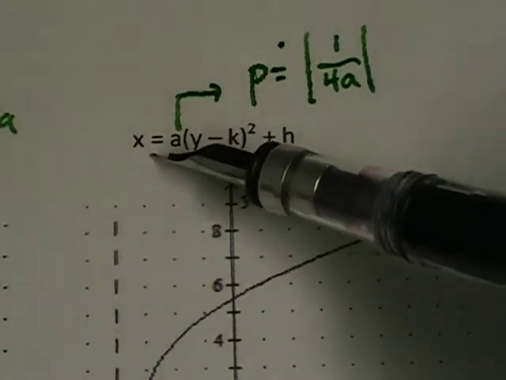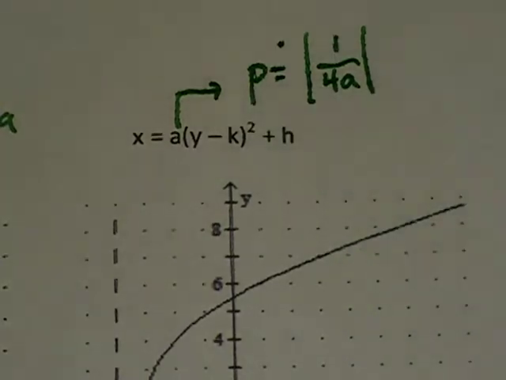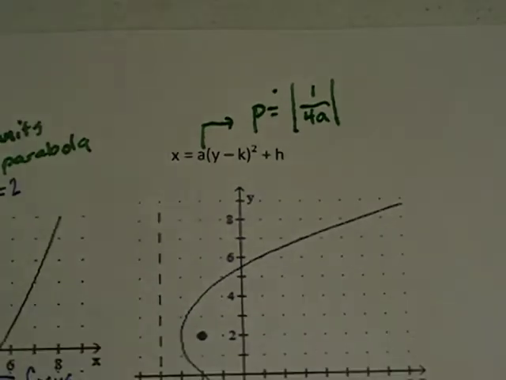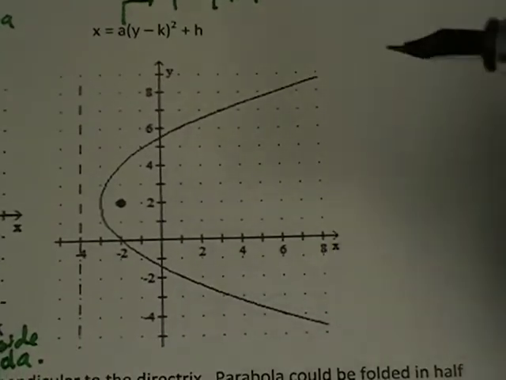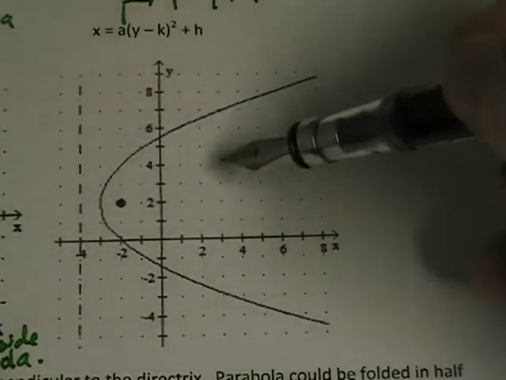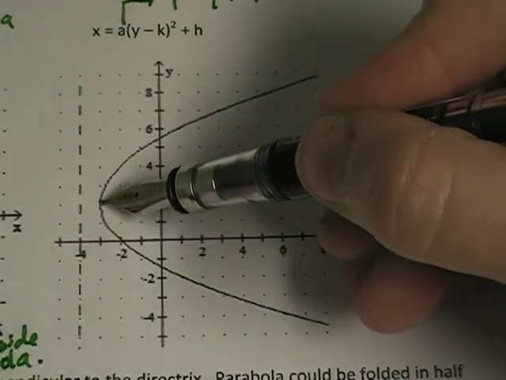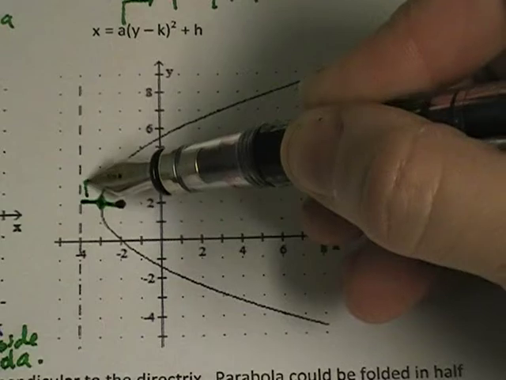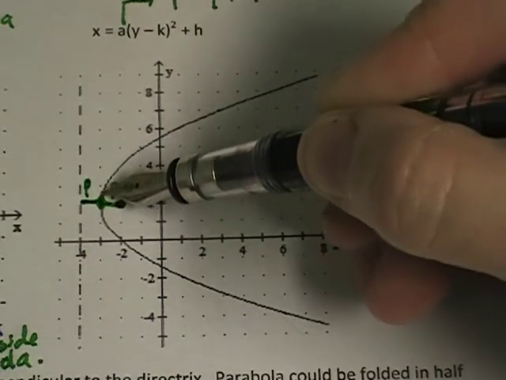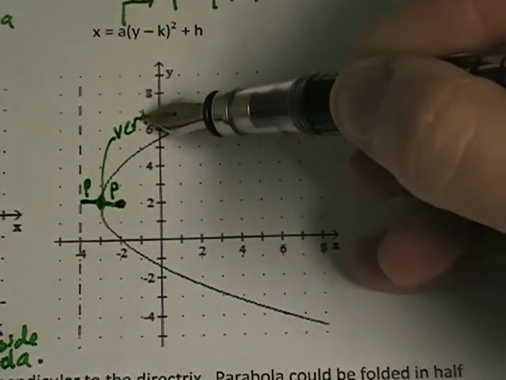And when we have x equals y squared, we get a picture like this, a horizontal parabola. In a horizontal parabola, P will be a horizontal distance. So here's your vertex, there's P, there's P, there's your vertex.